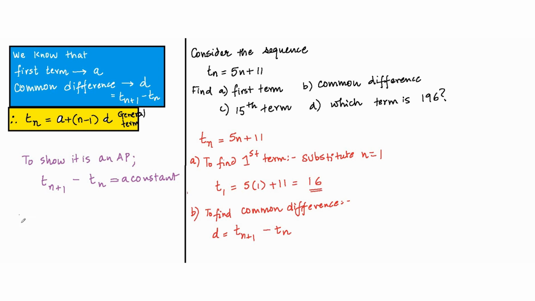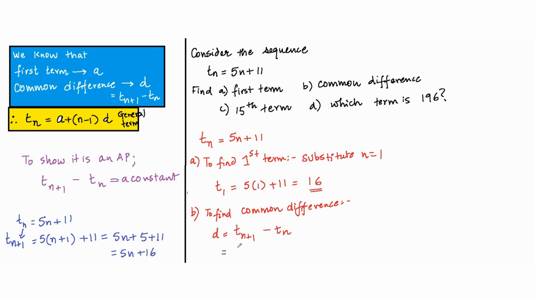I know that the nth term is 5n plus 11, and therefore the n plus 1th term is basically, let me substitute n by n plus 1. So this becomes 5 times n plus 1 plus 11, which is 5n plus 5 plus 11, and this is equal to 5n plus 16, right?